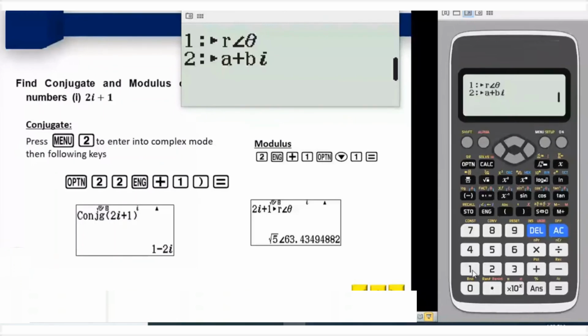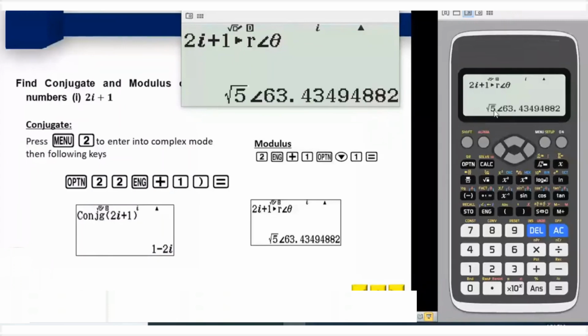Now the calculator is converting 2 iota plus 1 into the polar form. I will press equals. Under root 5 is the modulus and 63.43 degrees is the argument.